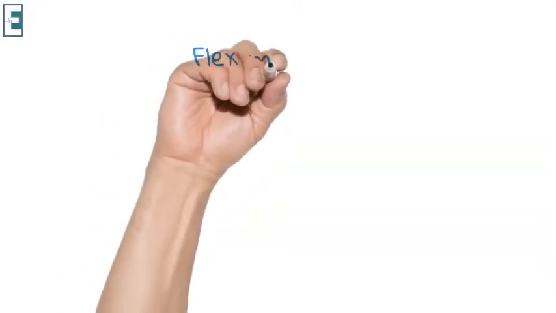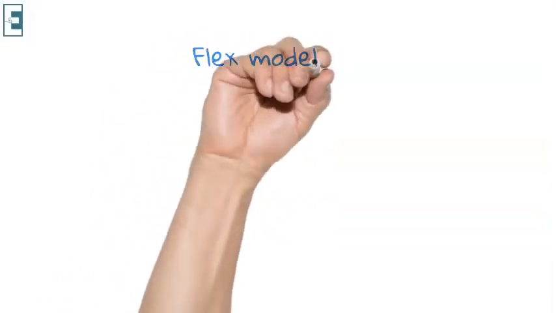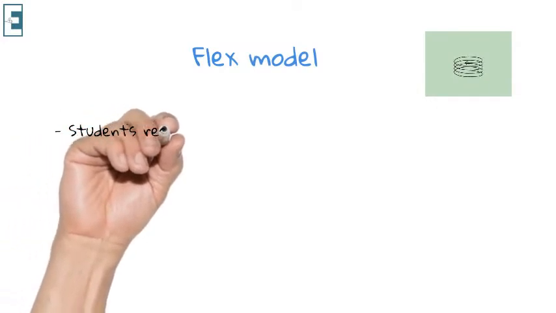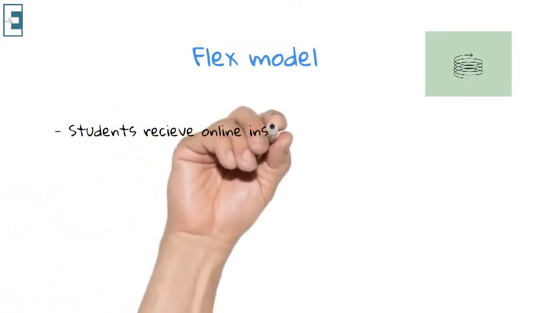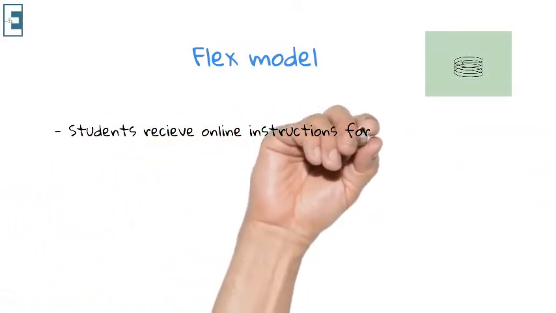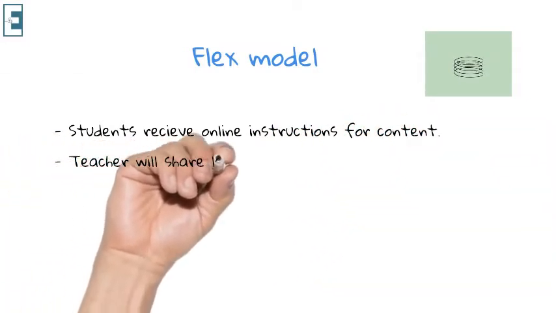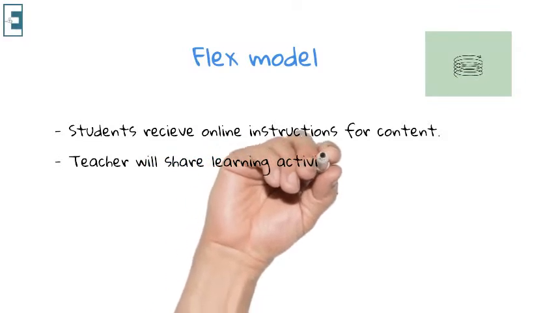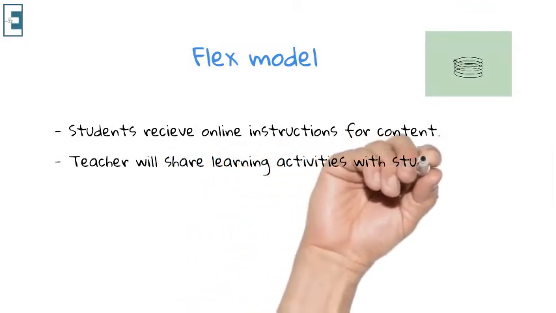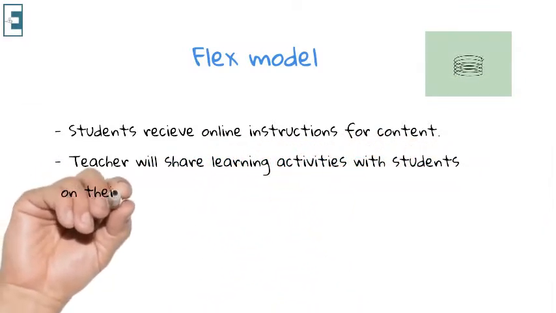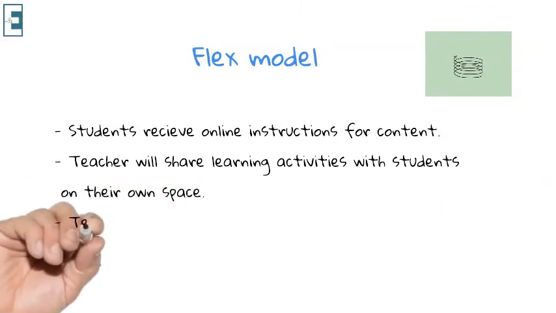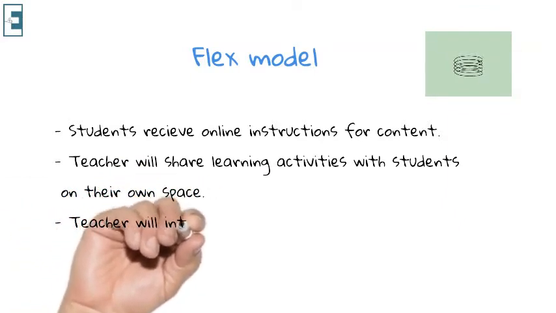If we summarize the flex model in points, in this model, teachers and students gain flexibility because online learning does much of the heavy lifting in terms of delivering instruction. Now, this gives students and teachers more control over how they use their time.